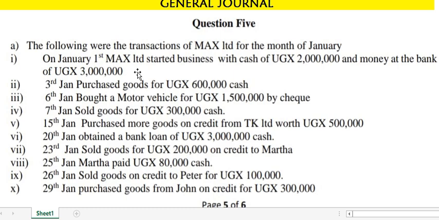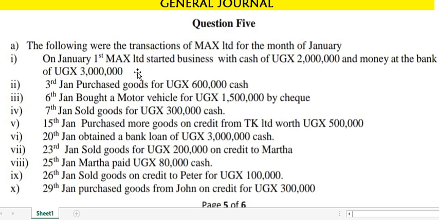We have cash, and then we have bank. But the cash and bank we have, that money is used to start up a business. Cash and bank, those are assets to Max Limited.